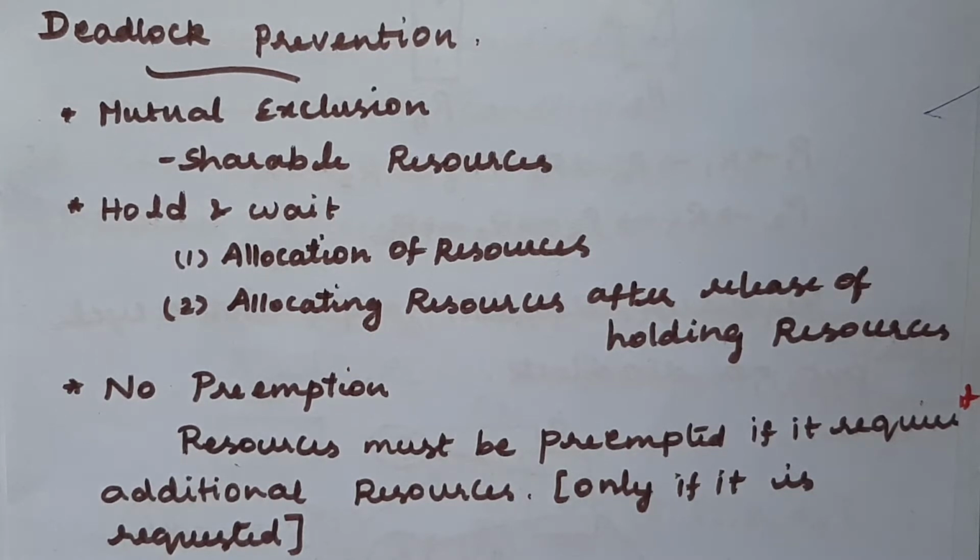If it may lead to deadlock, then to prevent the deadlock, all the resources must be shareable. So we need to change the resources from non-shareable to shareable mode. If the resources are shareable, then we cannot give exclusive access of resources to any process. Each and every process can access the resources at any time, even at the same time.